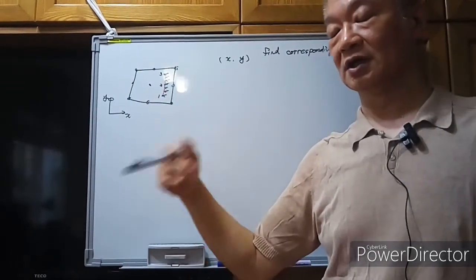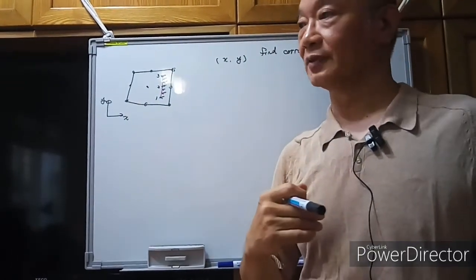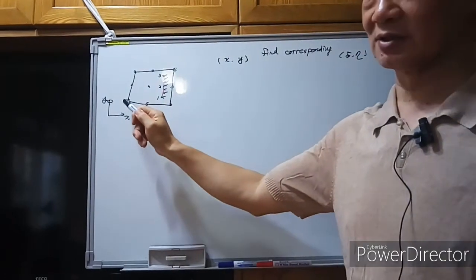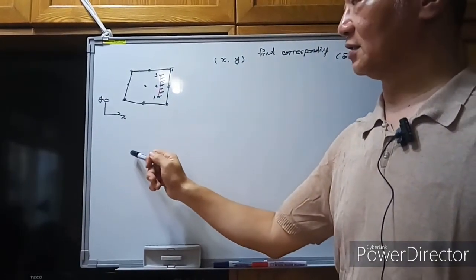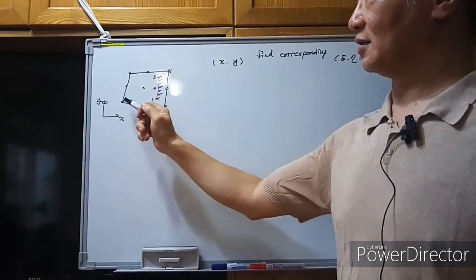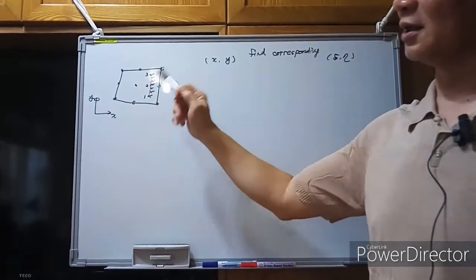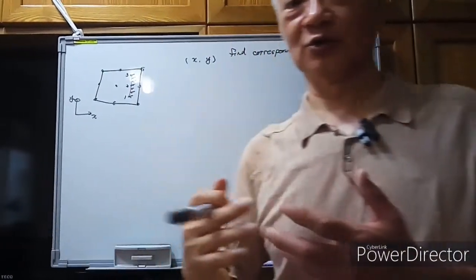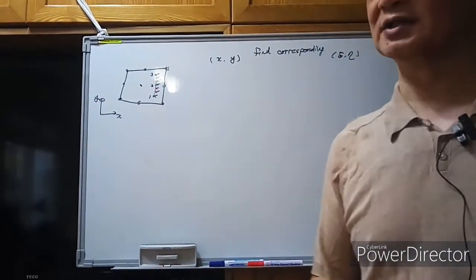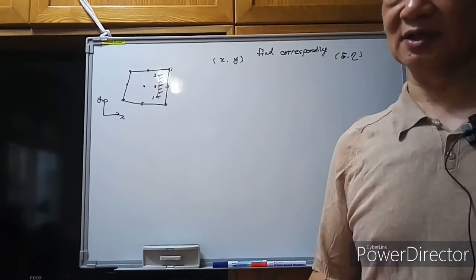They will be both equal to -1. Okay, since we know this node point is mapped to the first node point in the master element, for all these related nodal points, it is relatively very easy to find the corresponding xi and eta.